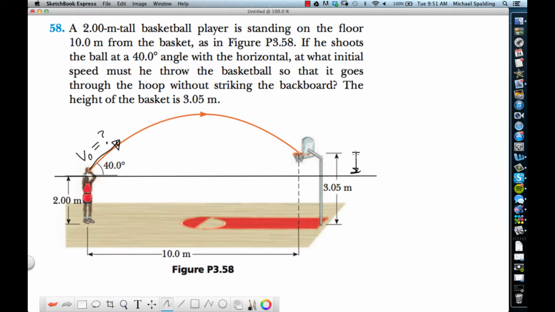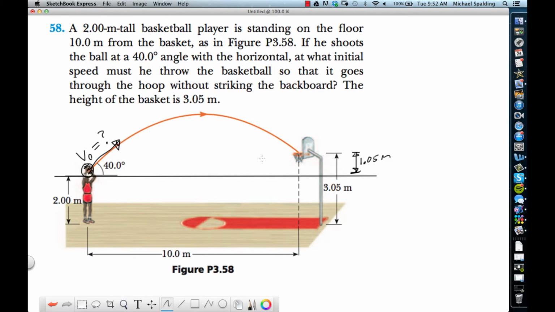The vertical height that we care about is the difference, 1.05 meters. So basically it's kind of like a soccer ball. Pretend, instead of a basketball, this is a soccer ball being kicked on a field, and the end point is 1.05 meters higher. Does that make sense? It simplifies it.